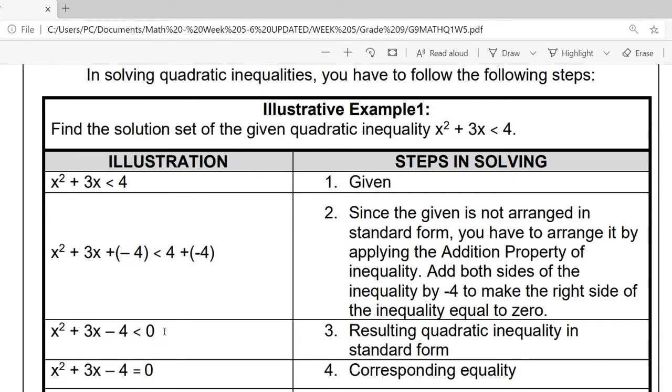That is already in standard form. After writing that in standard form, equate first that quadratic to 0.